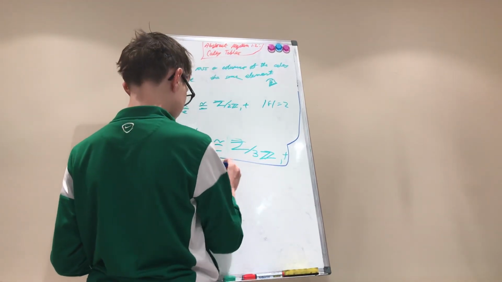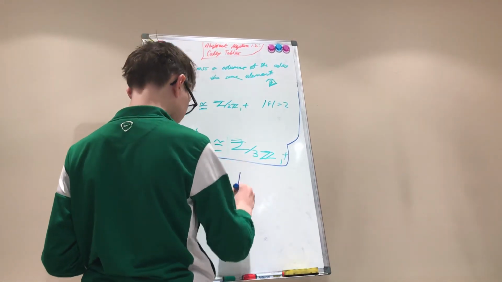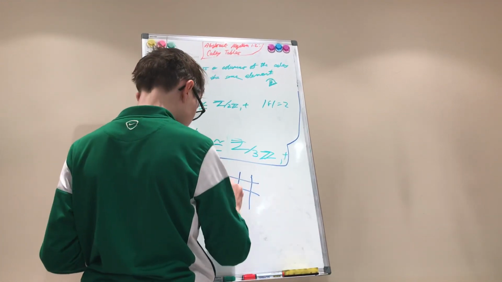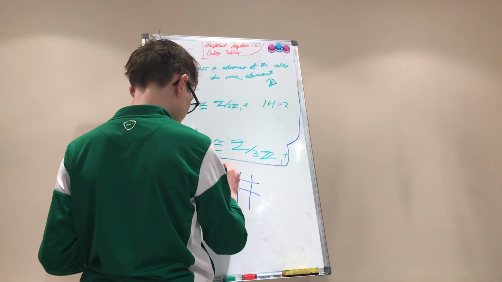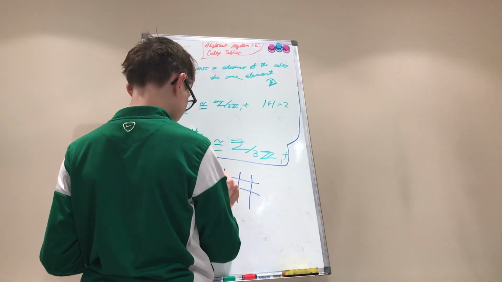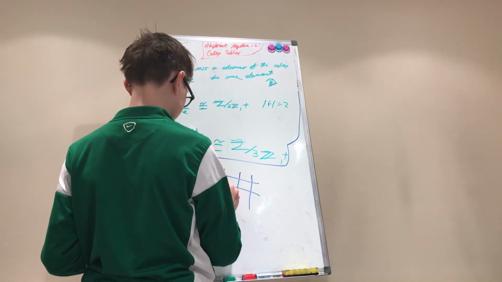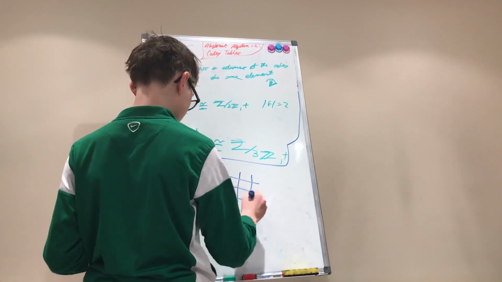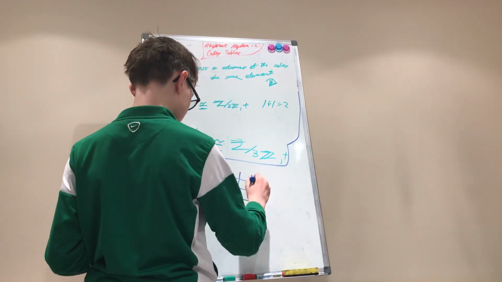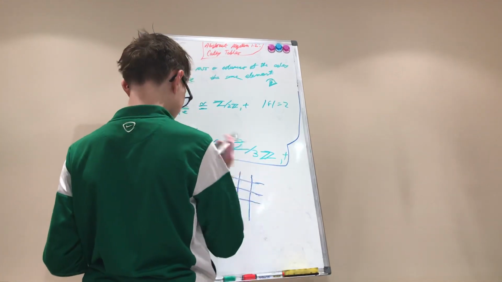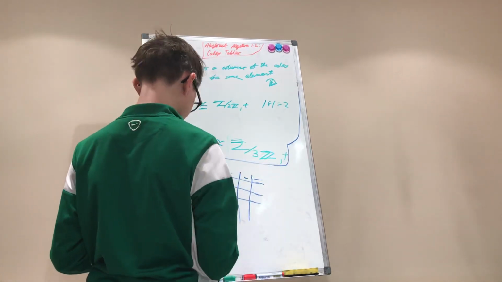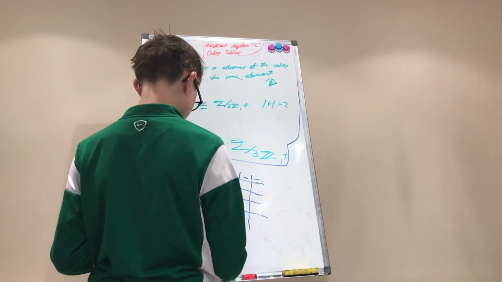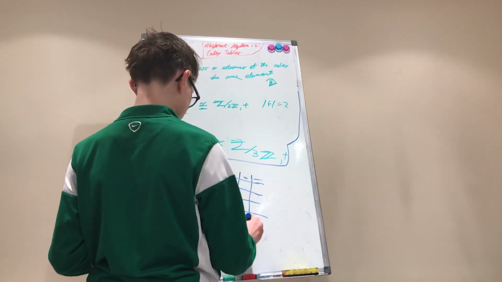In general, say this Cayley table is G. It has A, it has B, it has X, it has Y, and whatever other stuff. Oh yeah, it must have E as well.